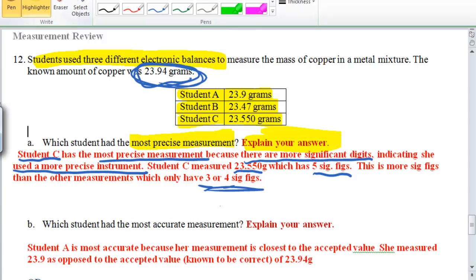Now, that does not always mean that it's going to be most accurate, because accuracy, when we go to explain our answer, we want to say that accuracy is the closest to the accepted value. And if you look, student A is the most accurate because her measurement is closest to the accepted value.